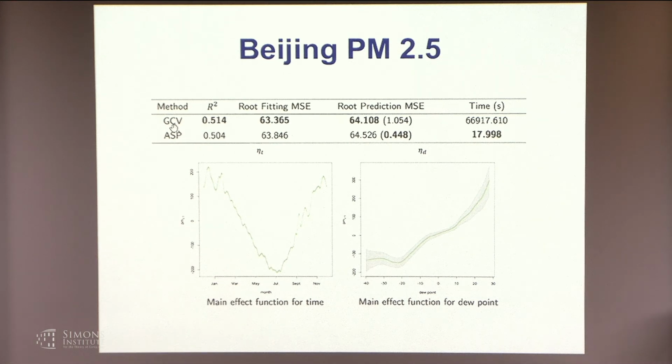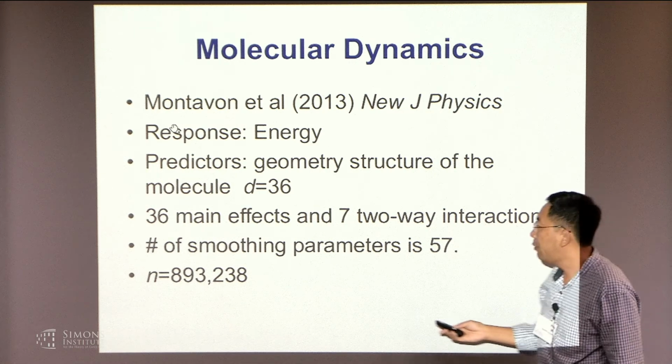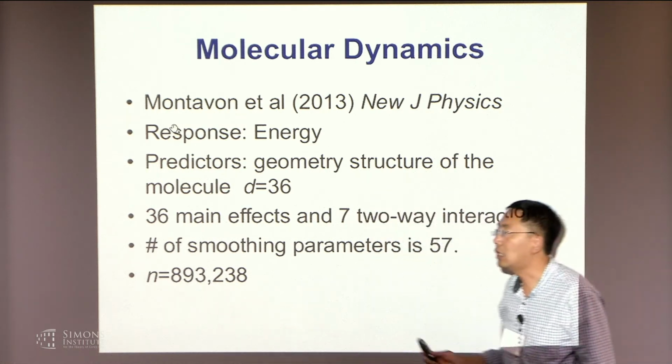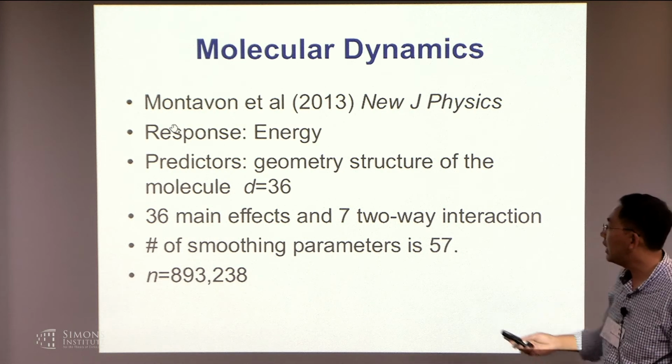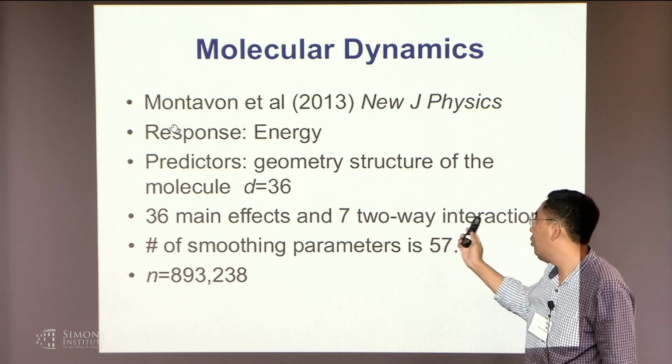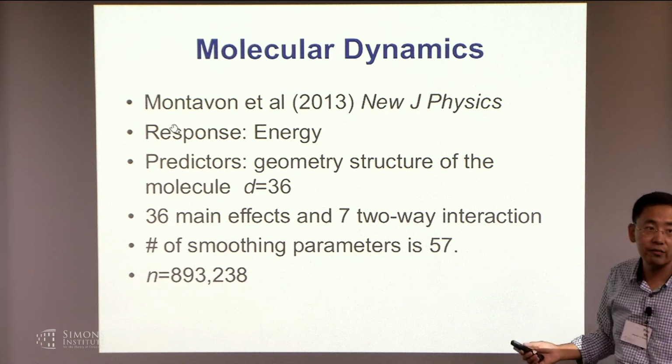Then the next example is where we apply the method to molecular dynamics data. In this data, the sample size is really huge, almost close to 1 million. We have 36 main effects here, 7 two-way interactions, and the total number of smoothing parameters is 57.